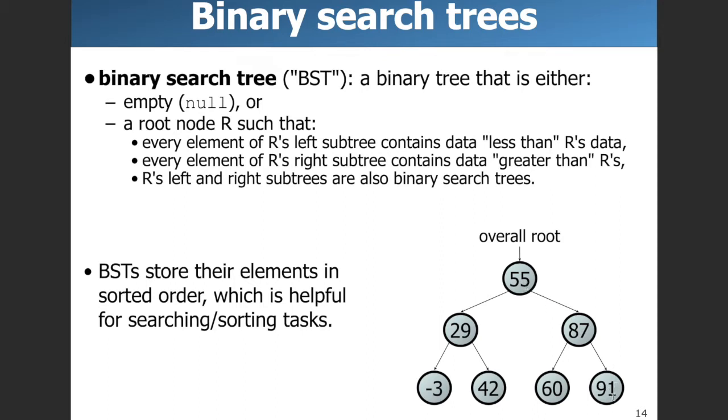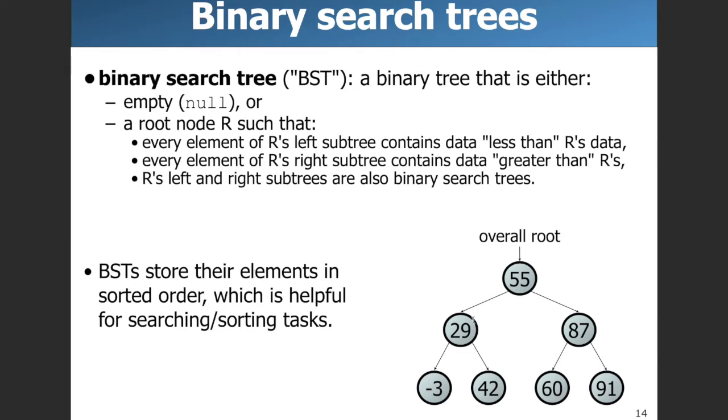Or 91, which is a right child of 87. So 91 is greater than 87. And same as here, 42 is greater than its parent. So again, what we need to remember: each left child is less than its parent, and each right child is always greater than its parent.